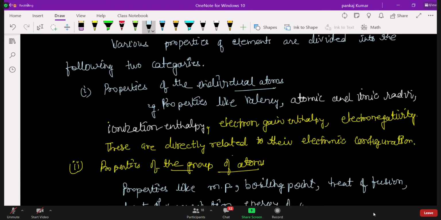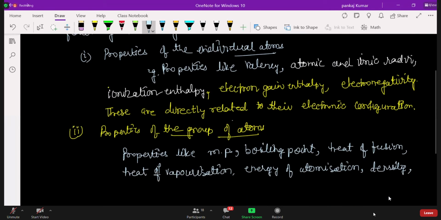Heat means latent heat. So density, atomic volume. I think now you have understood which property is related to individual atoms and which property is related to a group of atoms. So these are the properties related to a group of atoms.